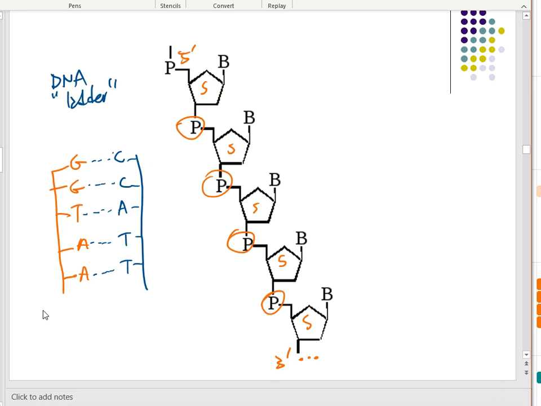And the reason they're calling this a ladder is because it kind of looks like one, right? We have one part of the ladder here, one part of the ladder here, and then we have connector pieces that are in the middle. And those connector pieces are involved in hydrogen bonds. We know how many hydrogen bonds: 2 for every AT, 3 for every GC, and those hydrogen bonds are the glue that's going to keep this strand and the second strand together.